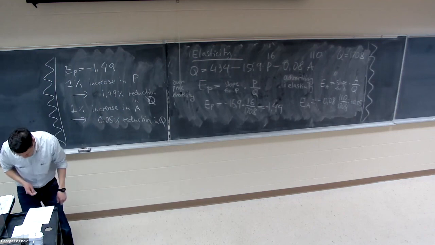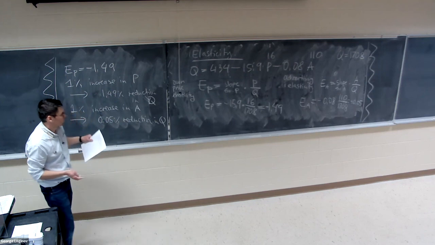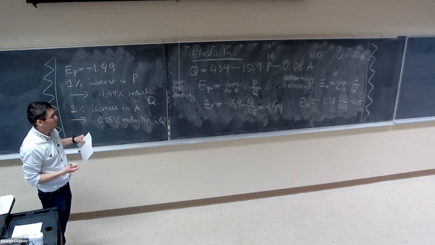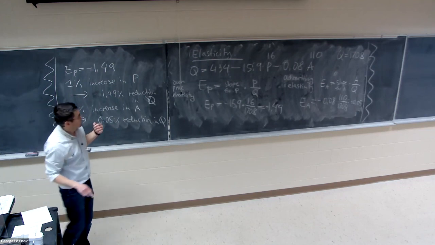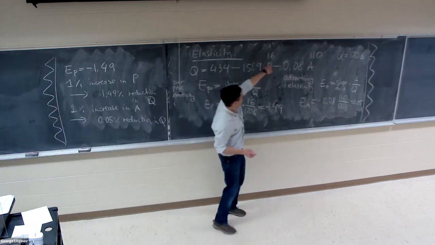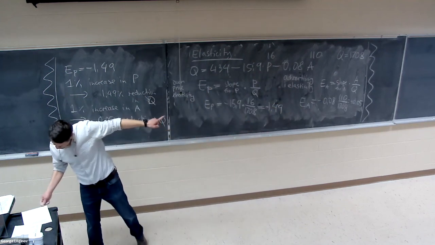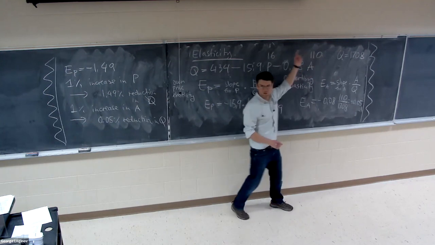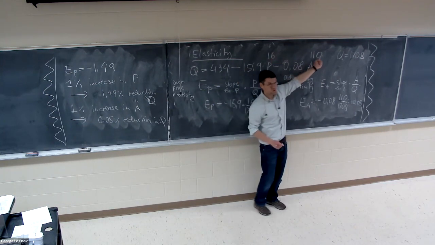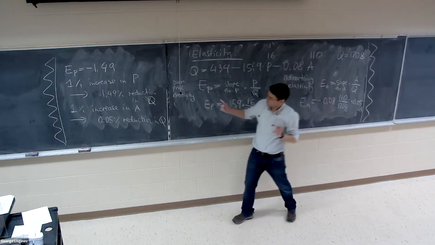Because the last thing that we want to answer today is: what if we increase the price by 5% from 16 and at the same time reduce advertising by 20%? Instead of calculating what the new price and the new advertising amount are going to be, we can just say each 1% increase in price reduces your quantity by 1.49%.